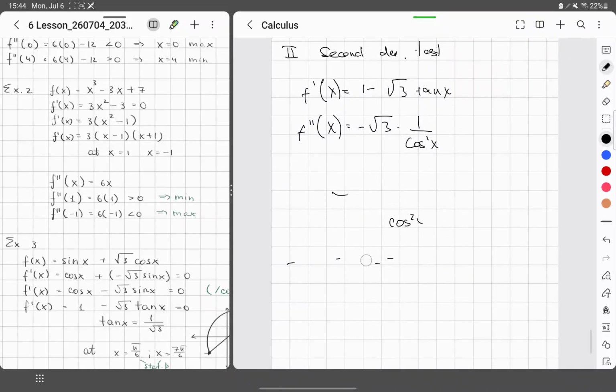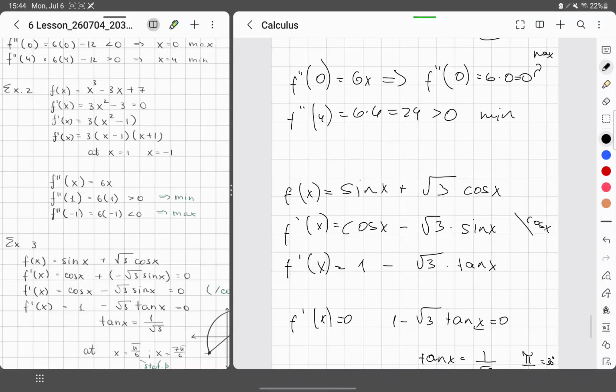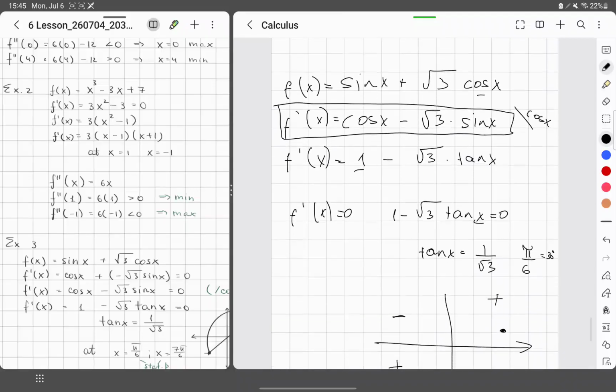That won't be like this because I simplified it and divided both sides by cosine x, but that is the version that we needed to do. Yeah, that is the original function. This one is the first derivative, and in this one we just divided both sides by cosine x.